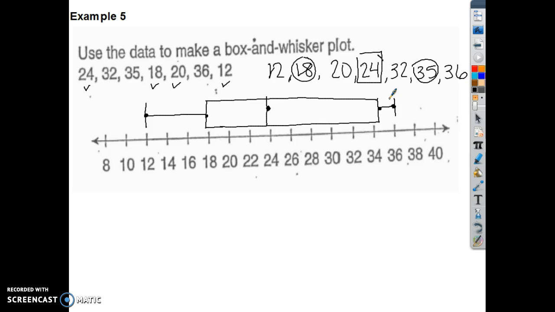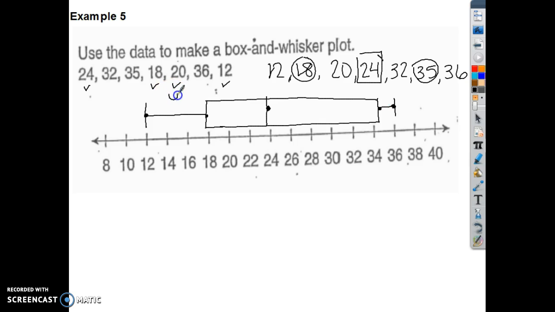And we could say 25% of the data is below 18. 50% of the data is below 24. 75% of the data is below 35, our third quartile. And we can even say 25% of the data is above 35. Because remember, no matter how big or small these sections are, each section of the box plot is worth 25%.